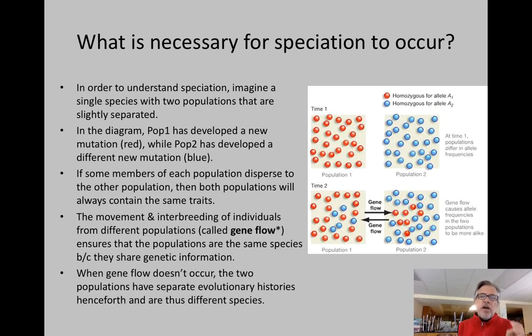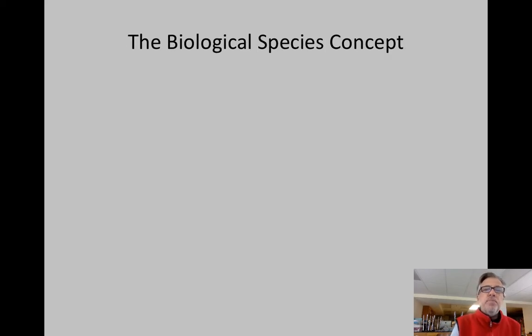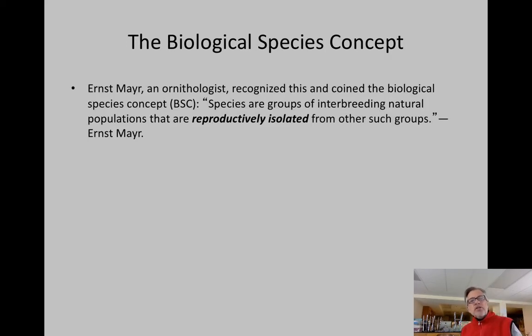When gene flow doesn't occur, the two populations begin to have separate evolutionary histories. We can mark that as the beginning of the speciation process. A Harvard ornithologist named Ernst Mayr recognized this idea and coined the biological species concept as follows.